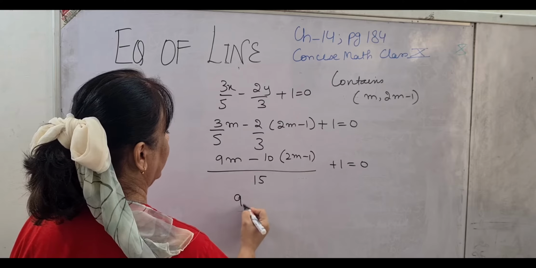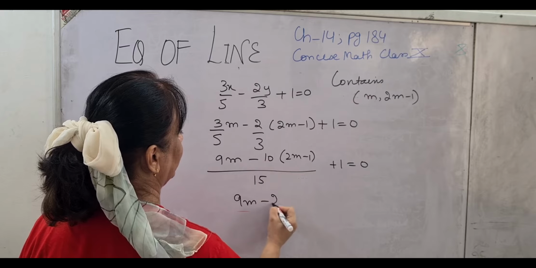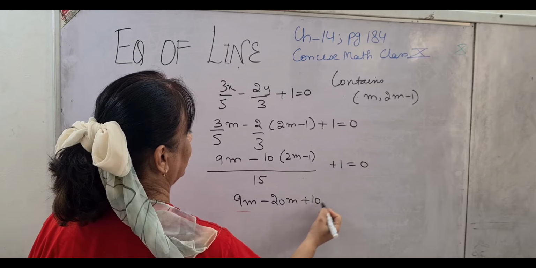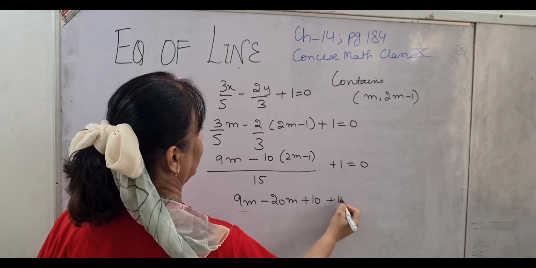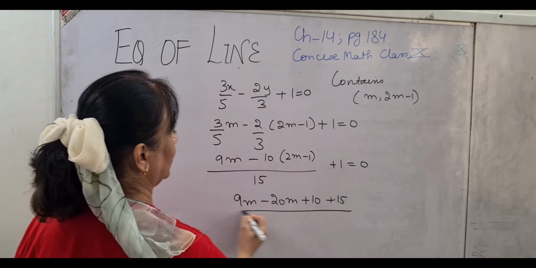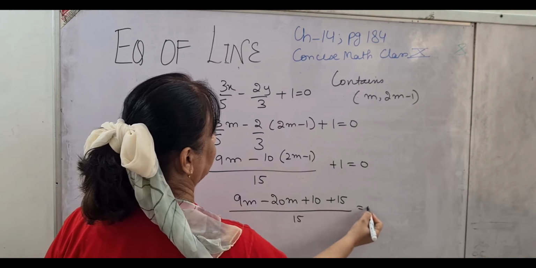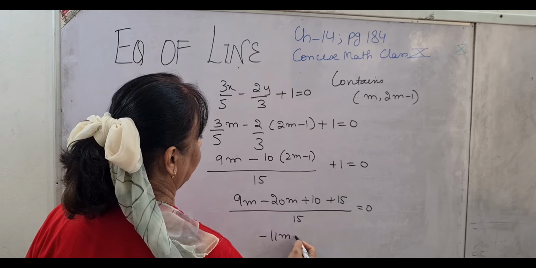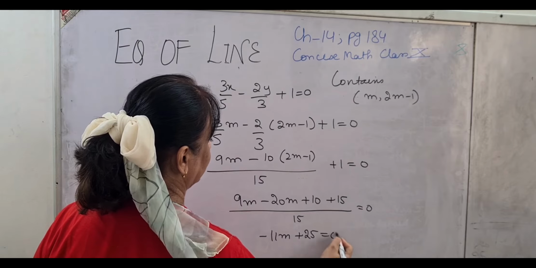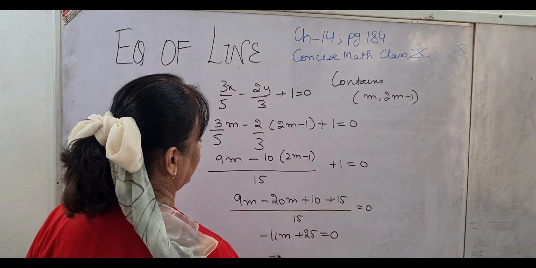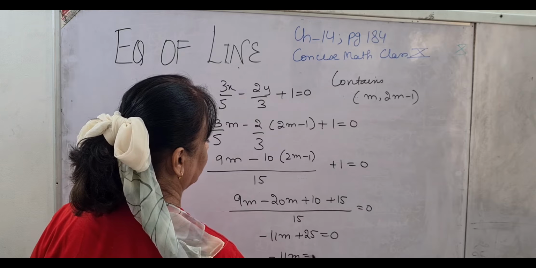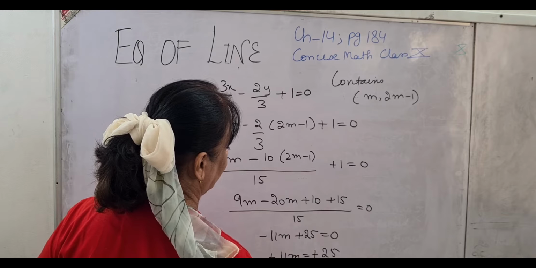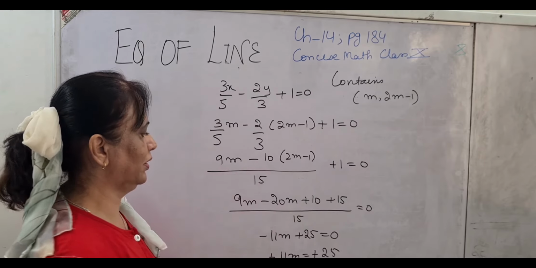Again 9m minus 20m, minus into minus plus 10, plus 15, upon 15 is equal to 0, or minus 11m plus 25 is equal to 0, or minus 11m is equal to minus 25, or the value of m is 25 upon 11. So this is your answer.